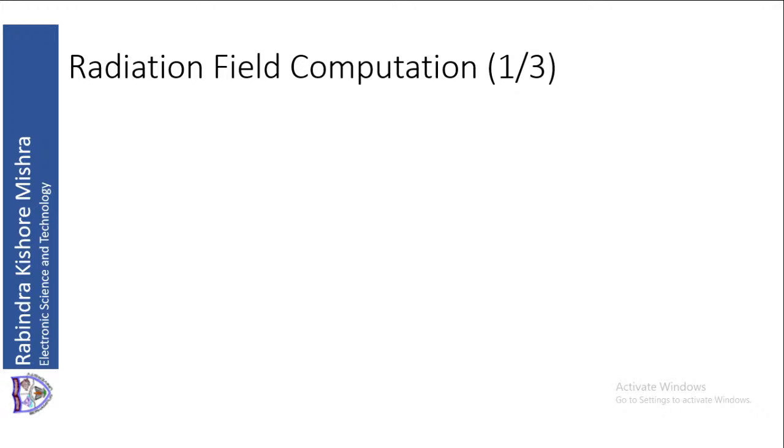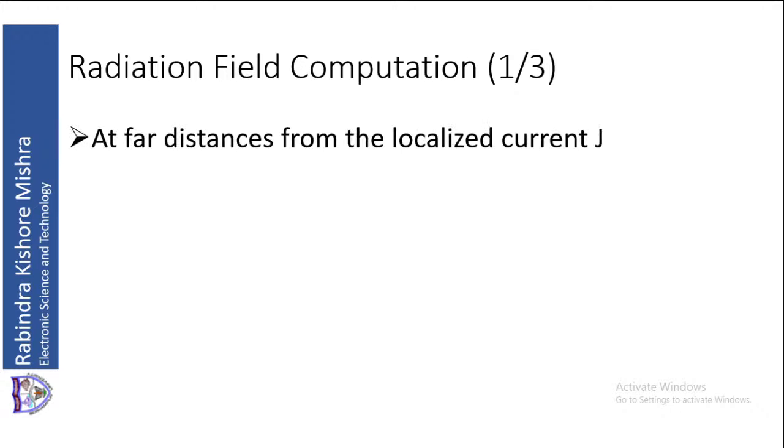We have all the mathematical background that is necessary for computing the radiation field. Now we are going to find out the radiated field at a far distance from the current, which is localized at one point.